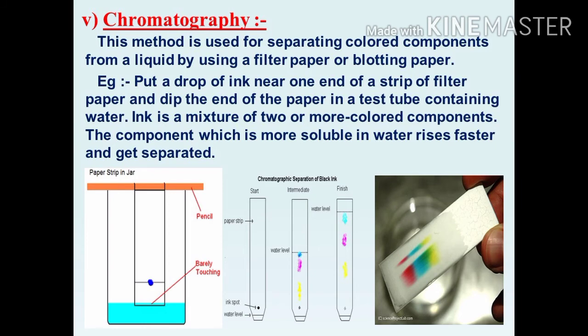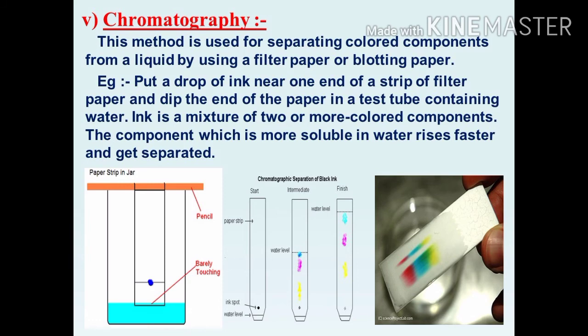The color of the ink also moves along with the water. The component which is more soluble in water rises faster and gets separated. I told you ink is a mixture of two or more colored components. So in this method we can get these two or three more colors from this ink.